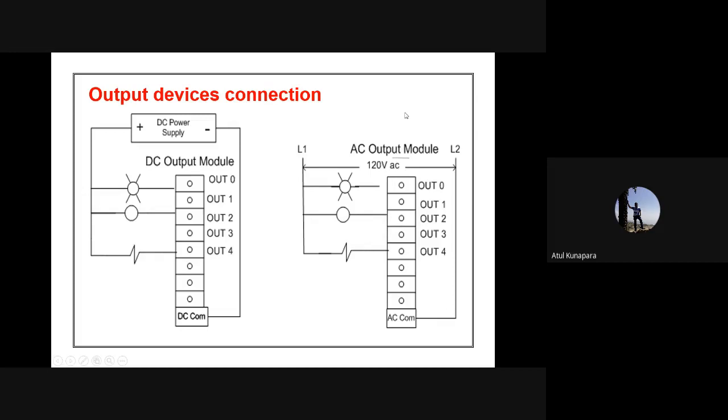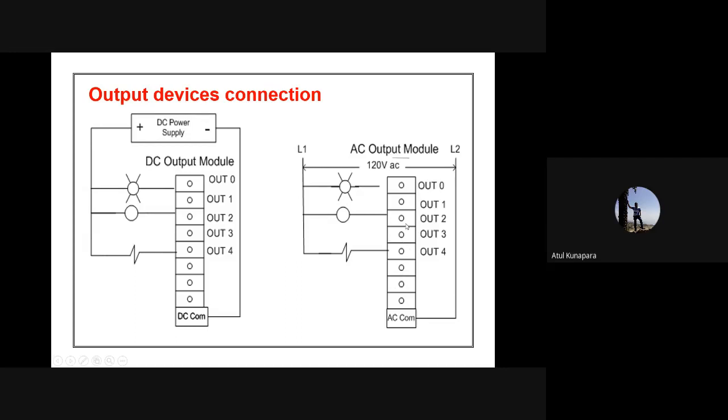But one more thing you have to understand: in the case of AC output circuits operating at a high voltage like 120 volts or 230 volts, you need to check the capacity of your module. Some modules are capable of that voltage, so you can directly connect your 240 or 120 volt circuits to the module terminal itself.